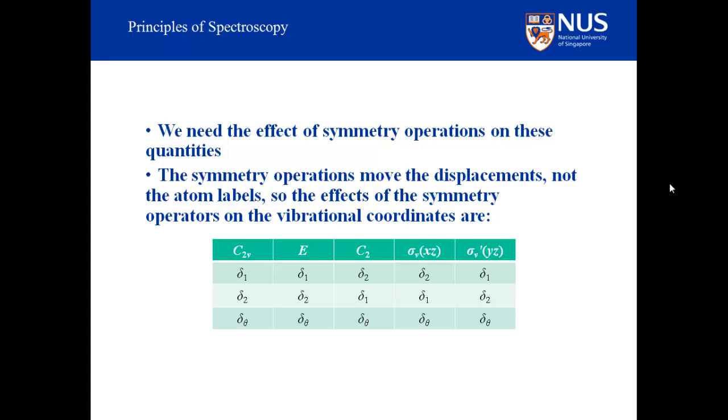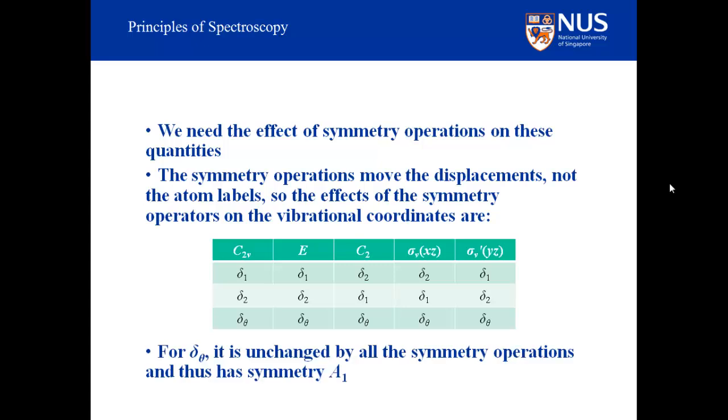Delta 2 is transformed into delta 1. For delta theta, the symmetry operations leave the displacement unchanged. This means that delta theta has the symmetry A1 because it is totally symmetric with respect to the symmetry operations of the point group.